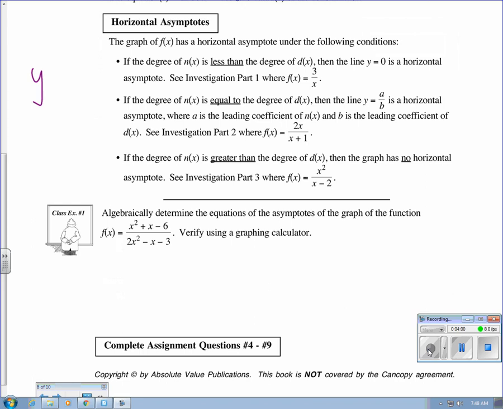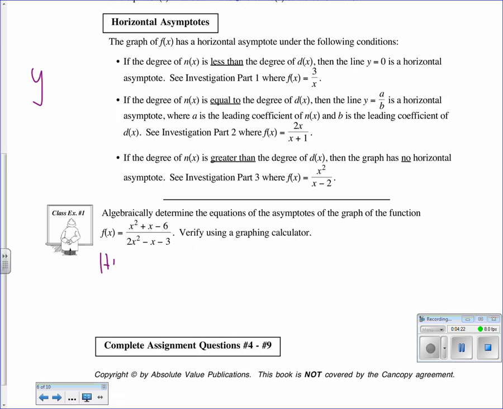So I'm going to take a look at disassembling this polynomial in the numerator and the denominator. I'm looking for asymptotes. The first thing I want to look for is a horizontal asymptote. I see that the degree of the numerator and the denominator is the same, so I'm looking for a horizontal asymptote.